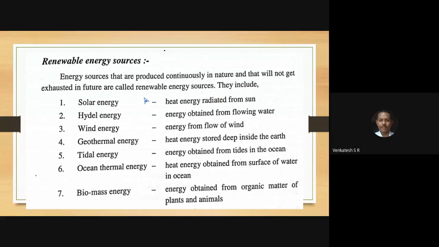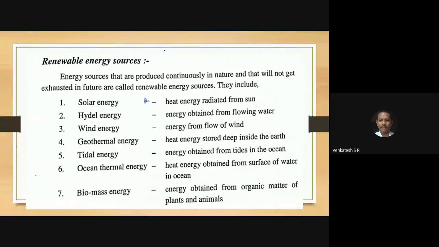If the high pressure wind makes the windmill rotate, from that you can produce electrical energy. This is green energy.